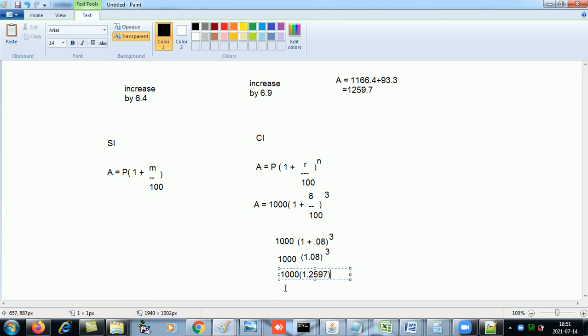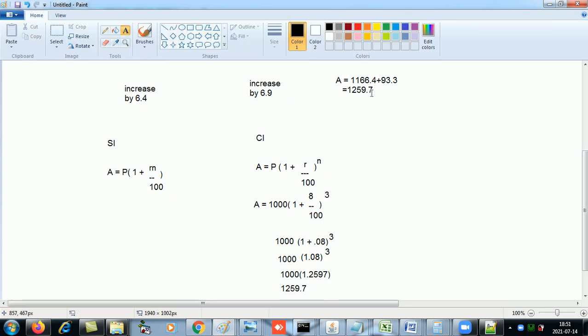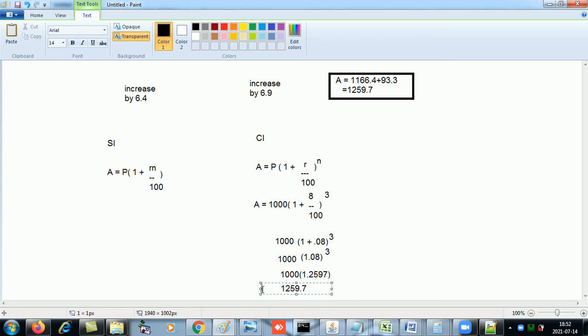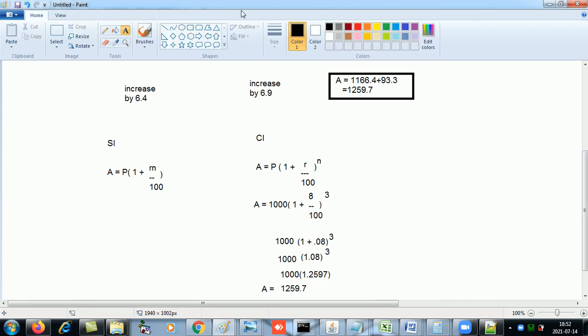Now if I multiply this with 1000, it will give me 1259.7, which is the same amount I got over here. So like this also you can calculate the amount. This was what? Amount, A.